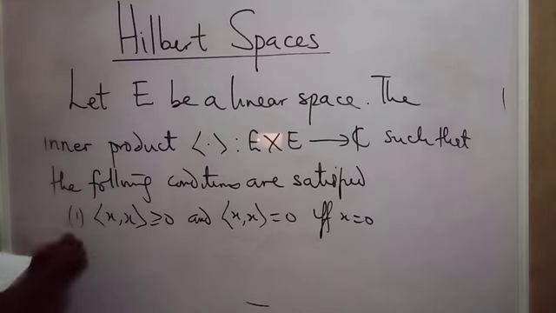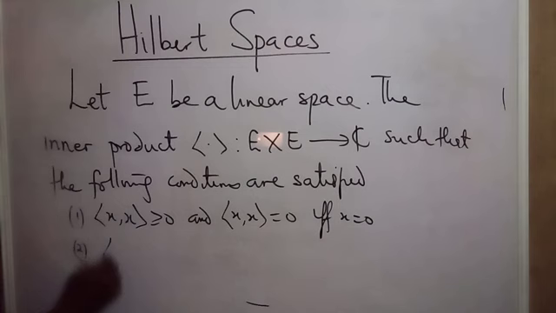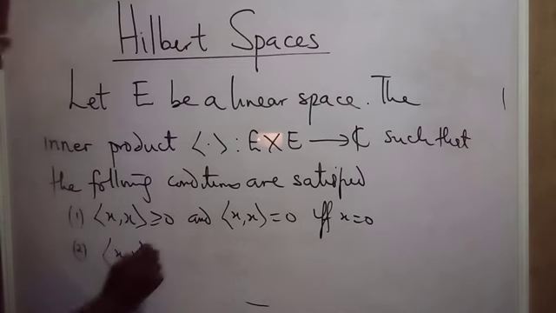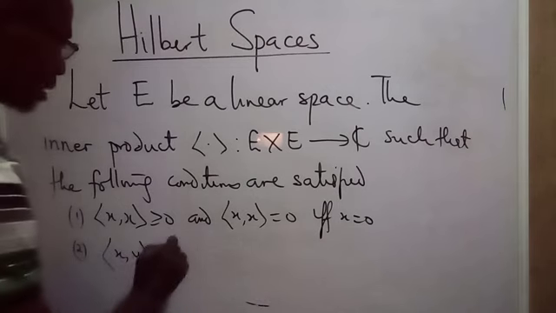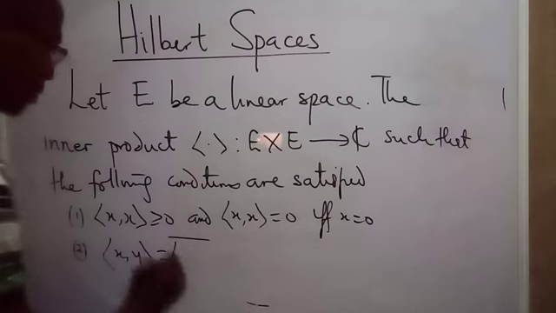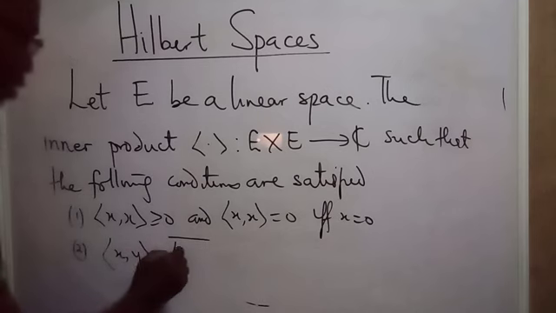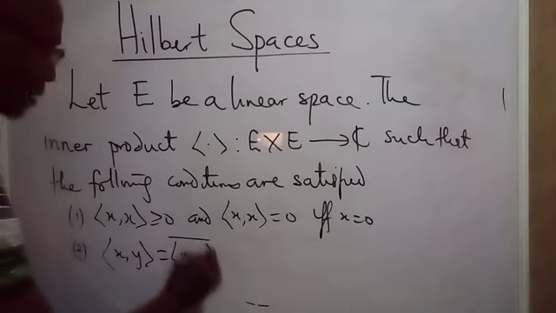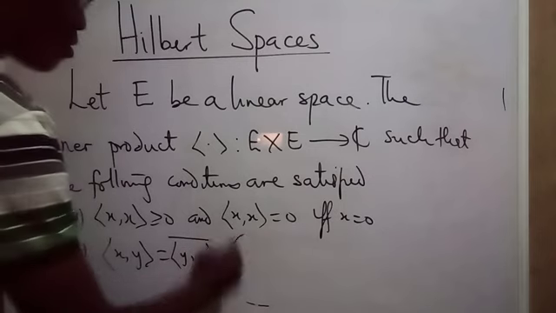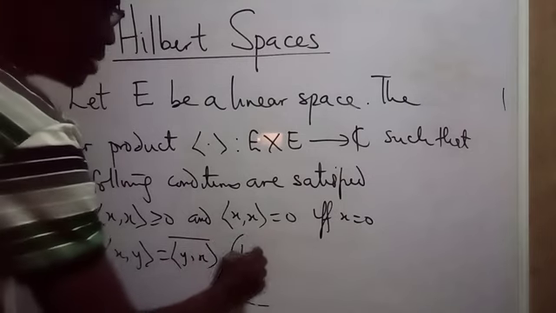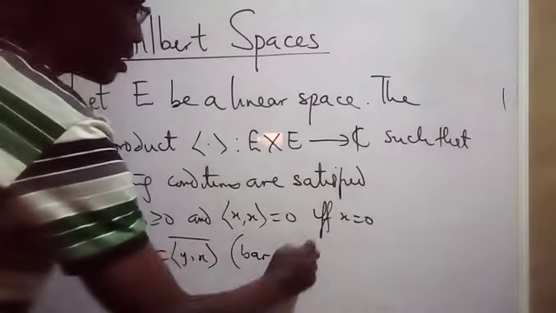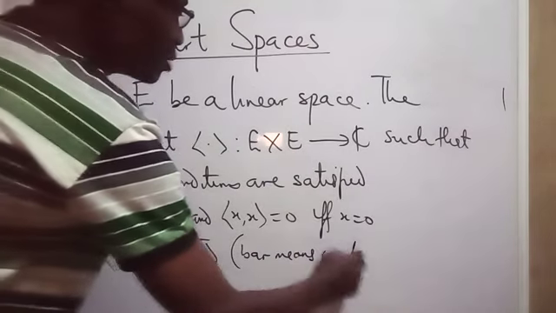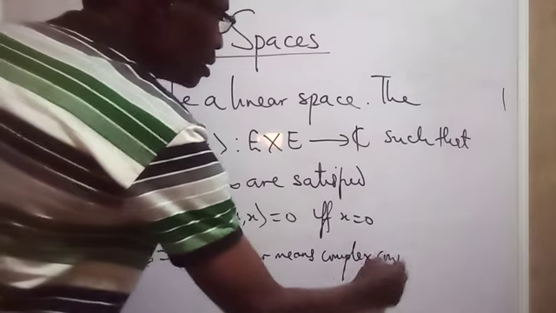2. The second condition is the inner product of X, Y is equal to the complex conjugation of Y, X. This bar means complex conjugation. What do I mean by complex conjugation?